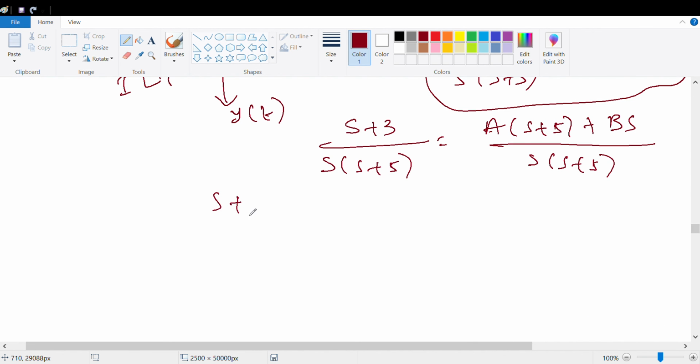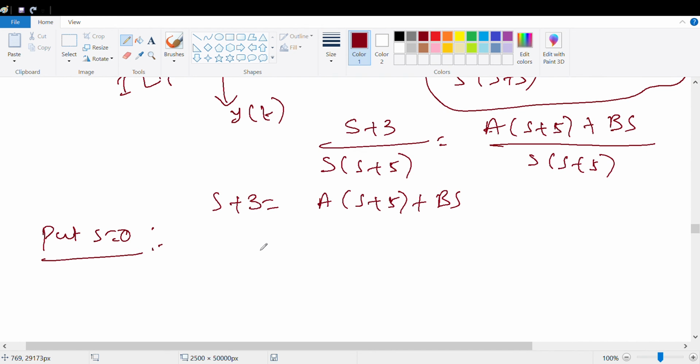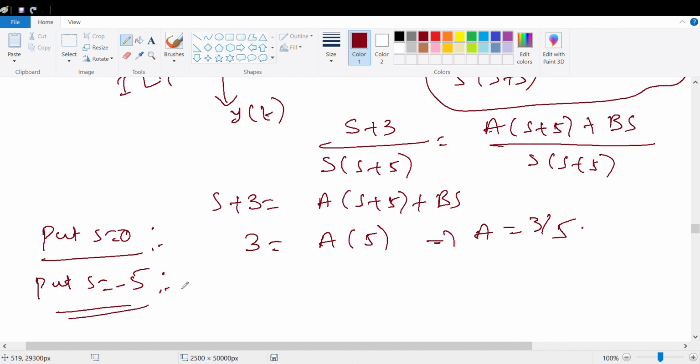Therefore s plus 3 equals A into s plus 5 plus B into s. Suppose we put s equal to 0. Then we get 3 equals A into 5, so A is equal to 3 by 5. Put s equal to minus 5. Then s plus 3 becomes minus 2, and A's term is 0, so B into minus 5 equals minus 2, so B equals 2 by 5.